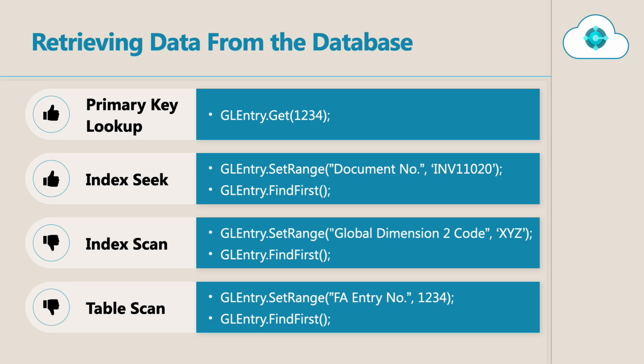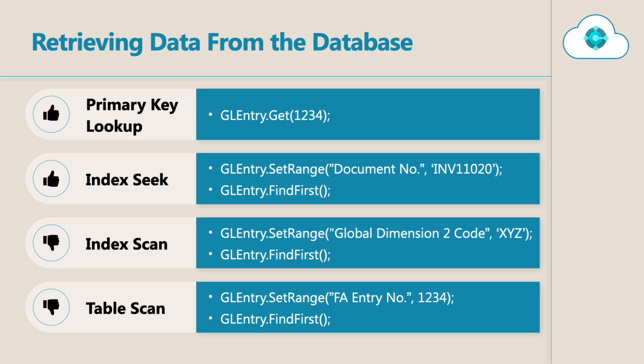So there are like 4 levels of fetching a record. One is what we call primary key lookup. That's like the Get, get this entry with this number. The pair of shoes that you get, exactly, right away almost. So that's as fast as it can get.